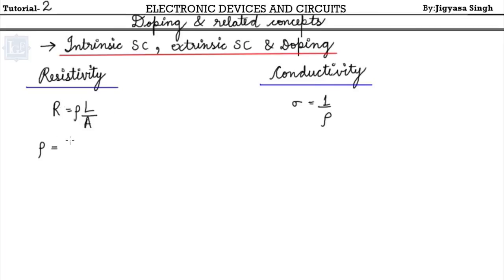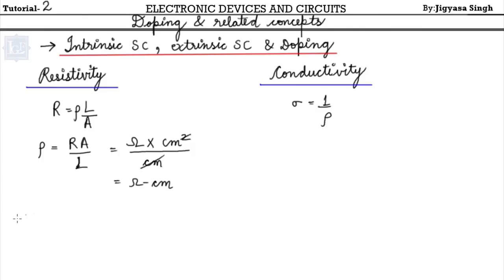Let me just break this down for you. The unit of resistance is ohm. The unit of area would be this, and the unit of length is centimeter. So I can cancel this. So the unit is ohm-centimeter.